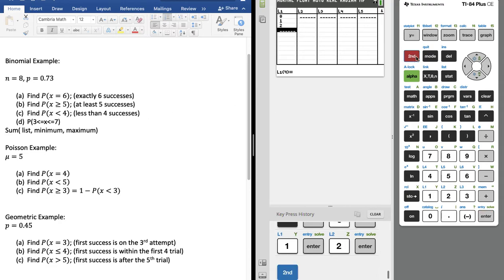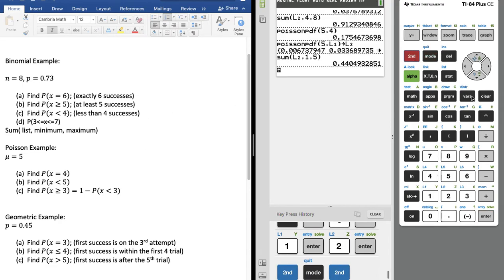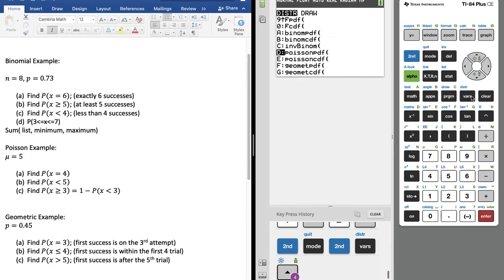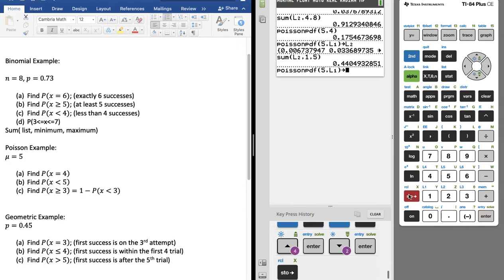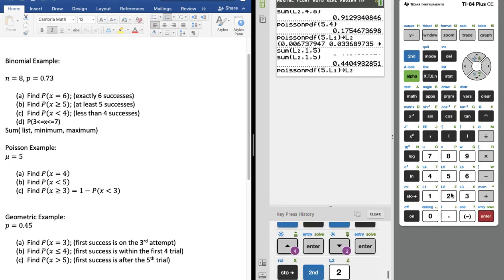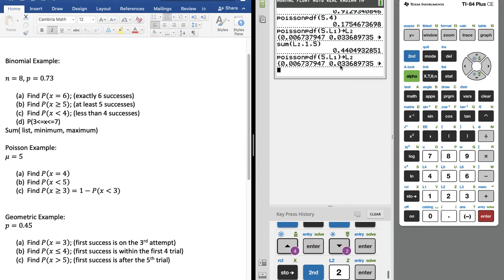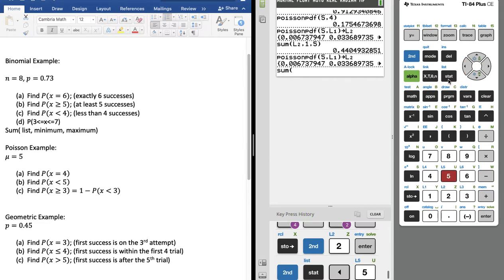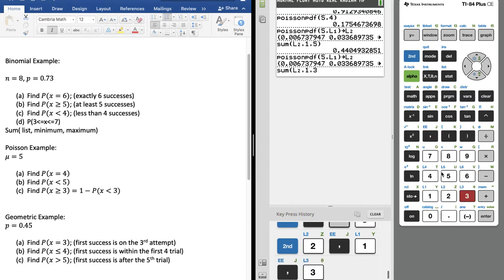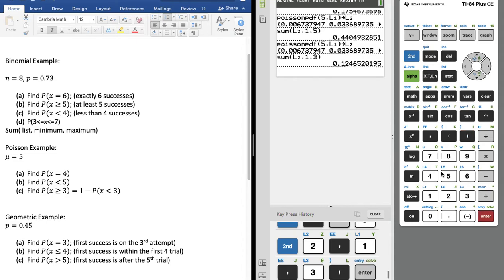Okay, same thing. We're going to go to second, vars, down to Poisson. All this information is the same. We are going to store it in list 2. And again, you can go back and take a look at these, but we are simply going to go to second stat, math, sum, L2, comma, 0 is on row 1, 2 is on row 3, and enter.